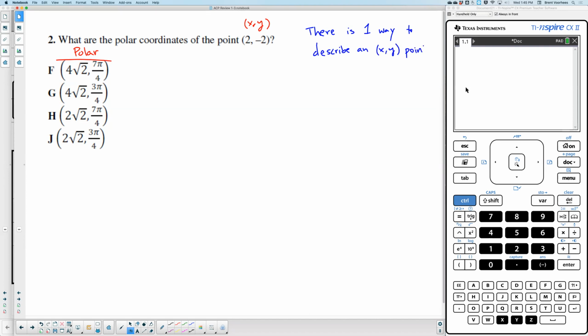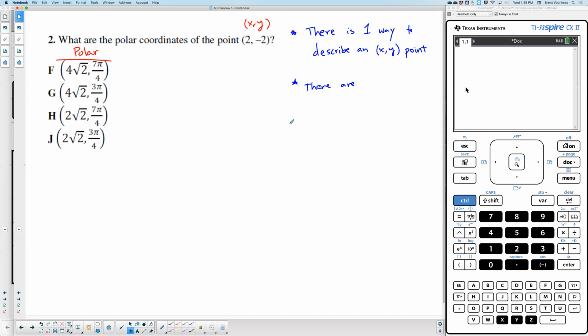Or a rectangular point. Do y'all remember how many ways there are to describe a polar point? Who did their homework? There are multiple ways. Do you remember how many? I see a 2. It's not 2.